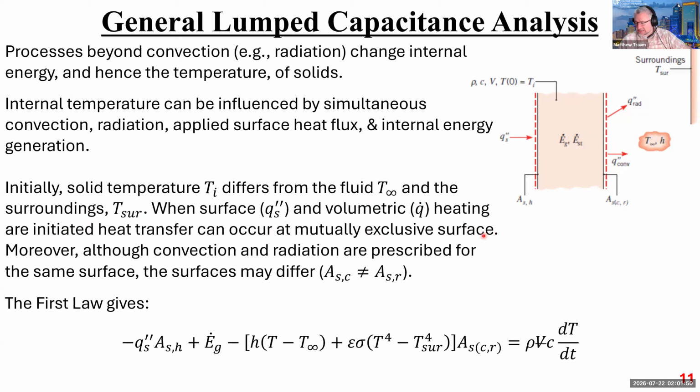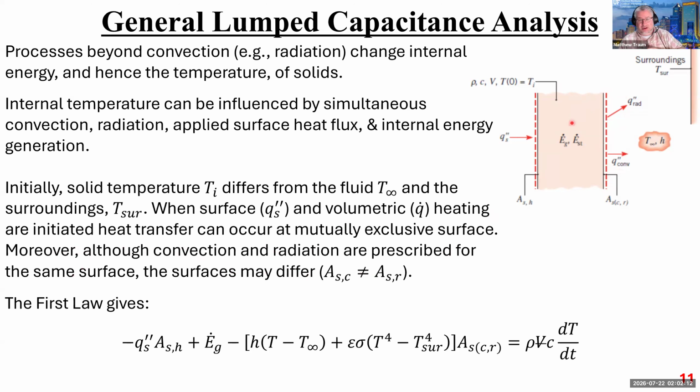I should say surfaces, mutually exclusive surfaces, right? So we can actually have heat transfer off of multiple different surfaces. Moreover, although convection and radiation are prescribed for the same surface, the surfaces may actually differ, right? So it's possible to have convection and radiation off the same surface.